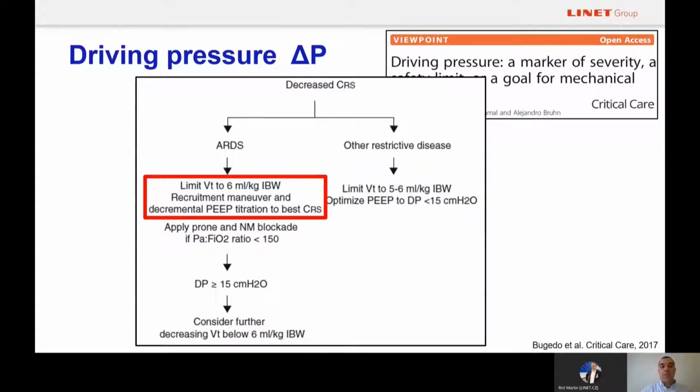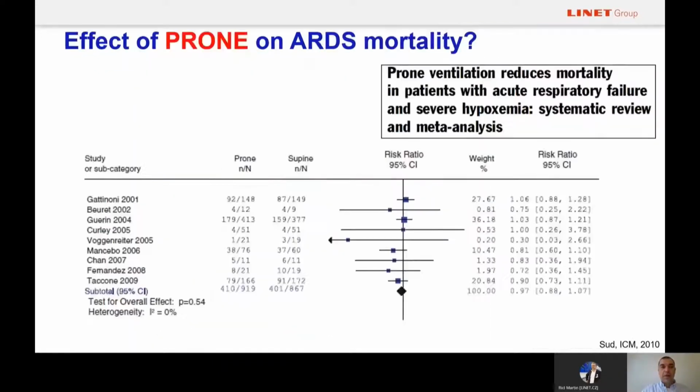We maybe can perform some recruitment maneuver and optimize the PEEP, and we can apply a proning position, maybe with neuromuscular blockage. Before 2013, before the ProSEVA trial, it was not clear if the prone position reduced mortality.